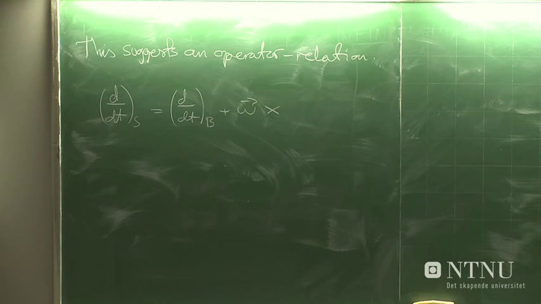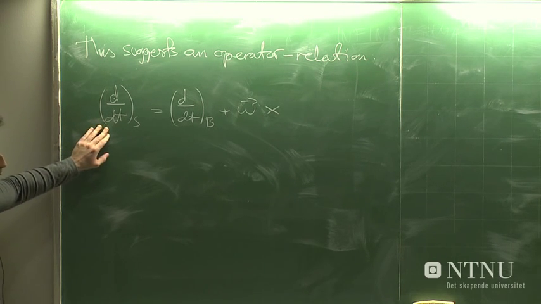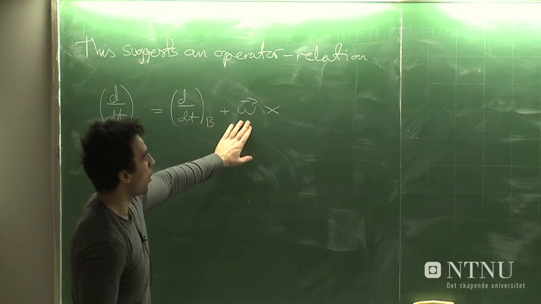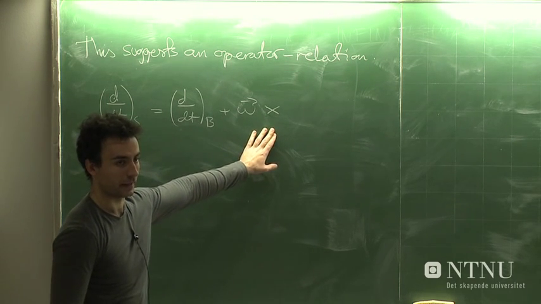Like this. So we consider the time derivative operator, as seen from the space system, should be equal to the time derivative operator in the body system plus omega cross, and then insert vector.